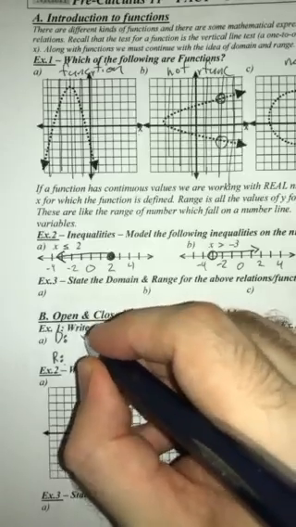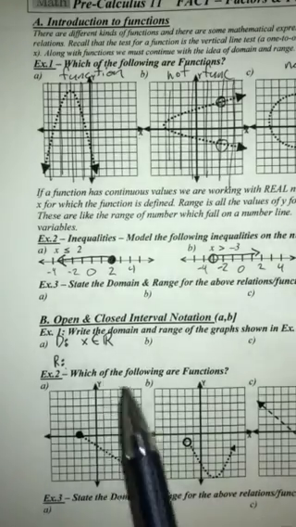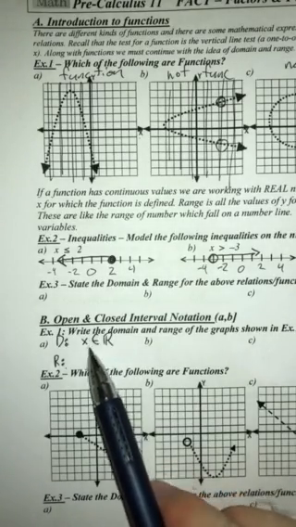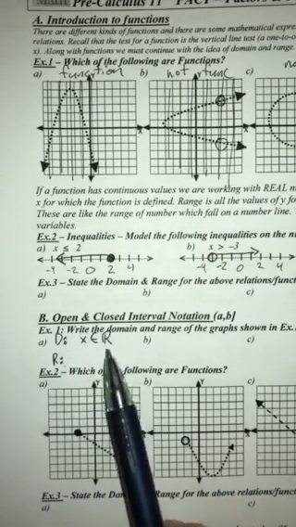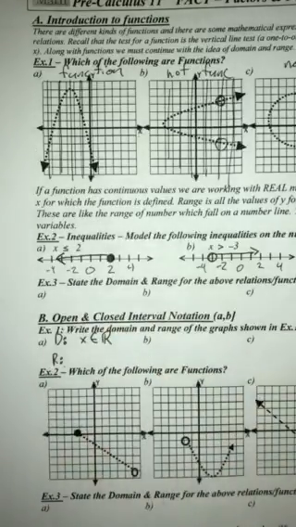So my domain is X is a real number. Basically, this terminology, this curved E, means X is an element of the real numbers, meaning X is a real number. Any number that's real works, as opposed to imaginary numbers, which you will not get into until university. So you just need to remember, if it can be anything in this graph, it's a real number.